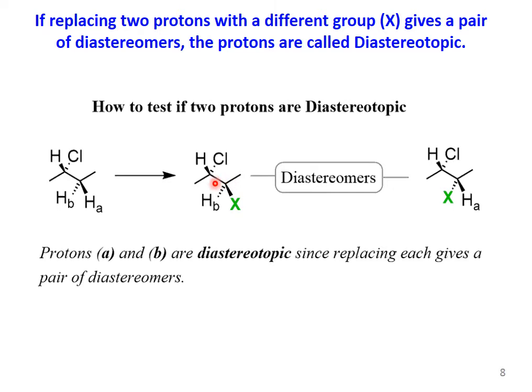That is why the relationship between the two is that they are diastereoisomers. That is why the protons HA and HB are diastereotopic protons.